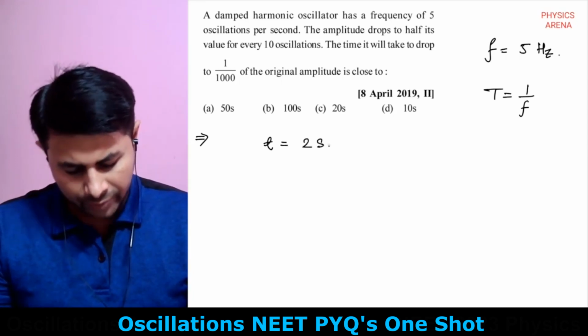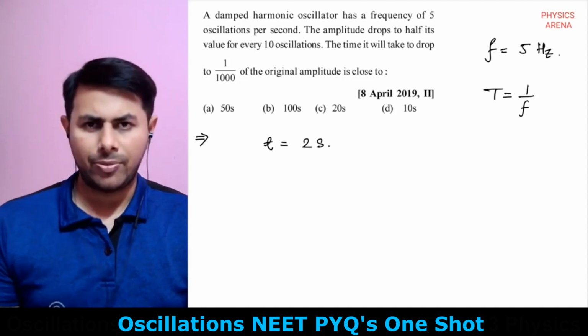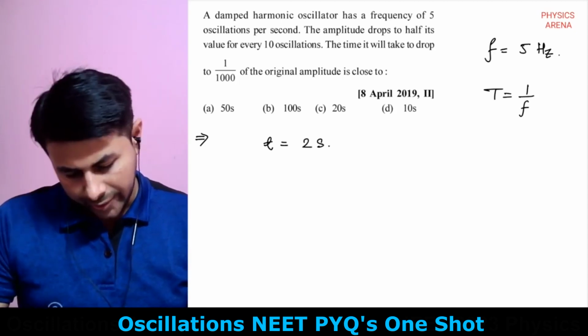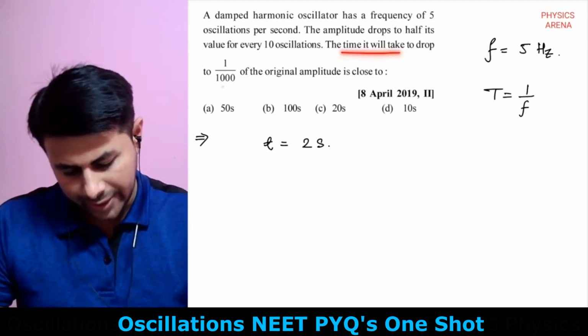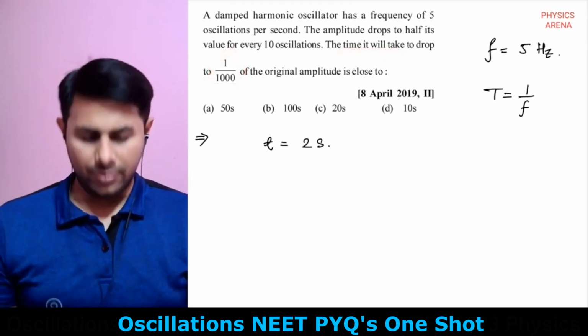So for t equals 2 seconds, its amplitude drops to half of its value. So then the time it will take to drop to 1 by 1000 of the original amplitude.